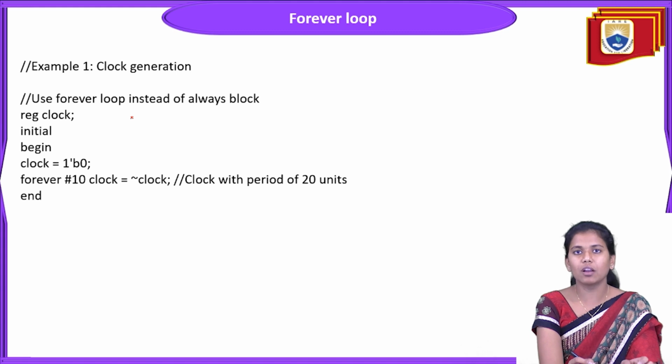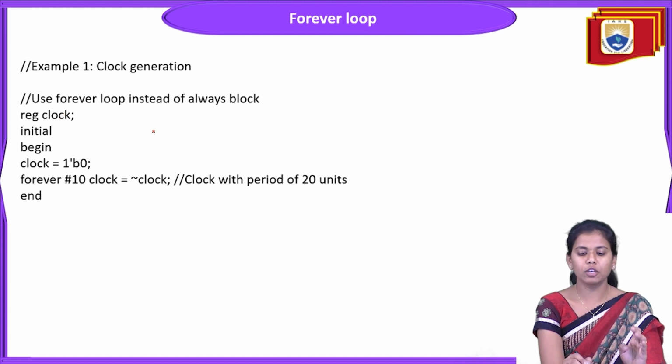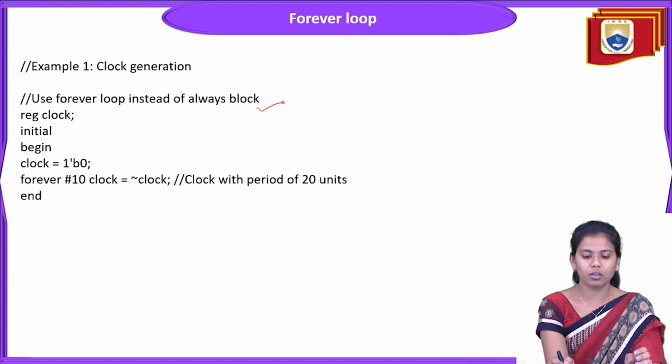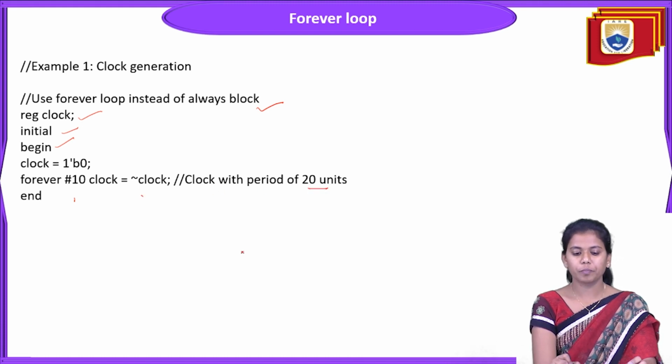And now we'll see the clock generation example here. So in this clock generation, use a forever loop instead of an always block. So here, reg clock, as it is a clock generation, reg clock, initial, and begin with my clock as 1 bit. Okay, 1 binary bit. So forever #10 clock equals negation of clock, that is a clock with a period of 20 units.